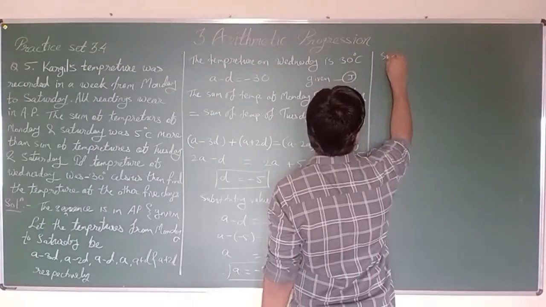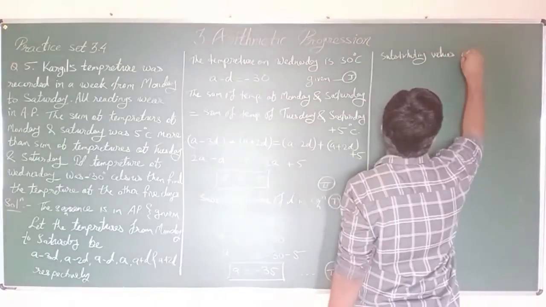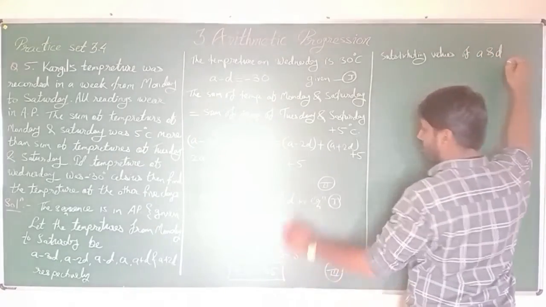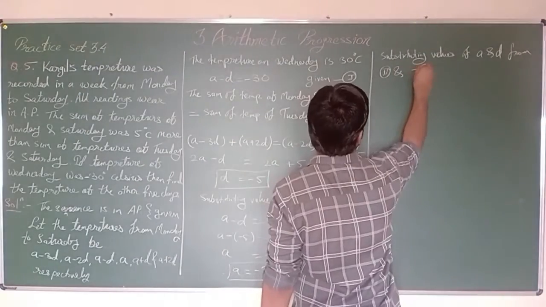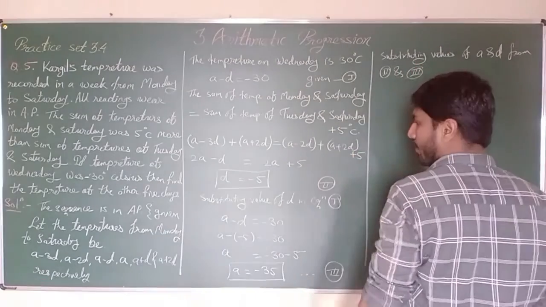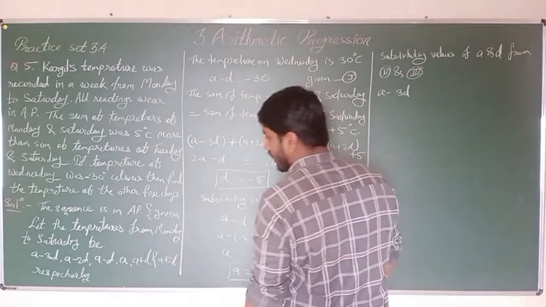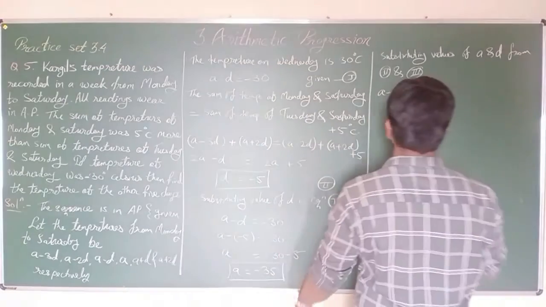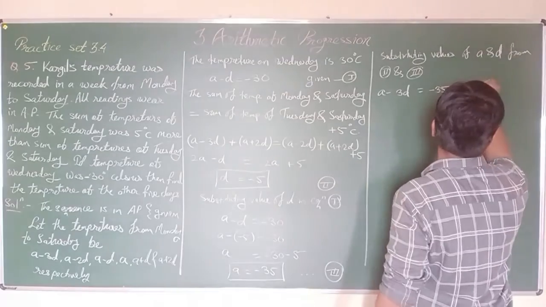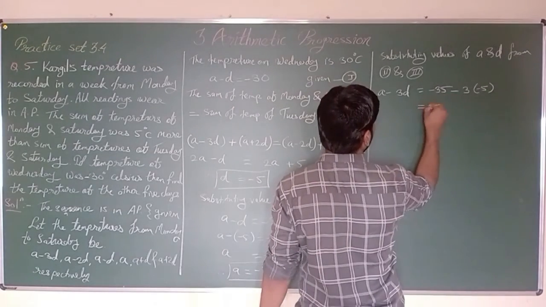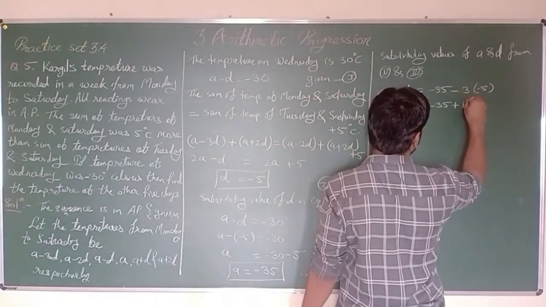Therefore, the temperature of day 1 is a minus 3d, which is equal to negative 35 minus 3 times negative 5. So negative into negative will become positive. 3 fives are 15.